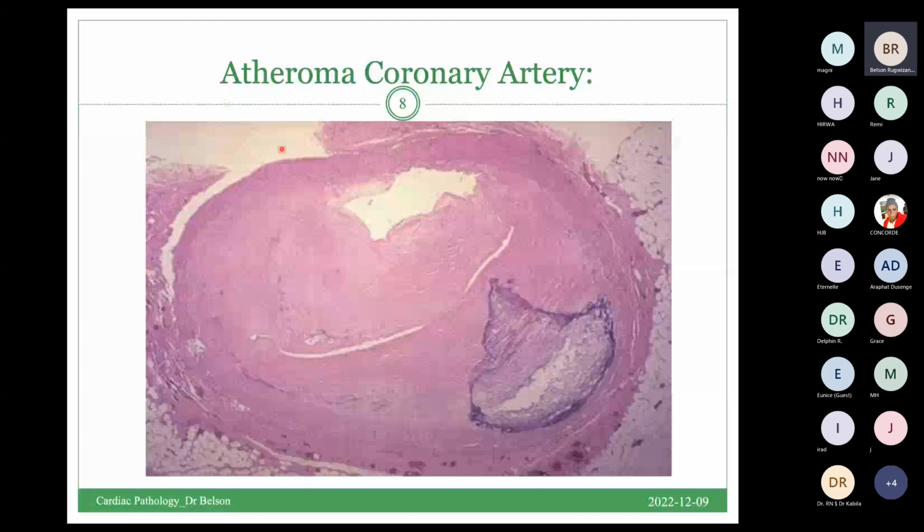So the most common cause of this is atheroma. I think we have seen thrombosis and atheroma, and you remember atheroma means there is atherosclerosis. In atherosclerosis, first a fat accumulates between the intima and the media.